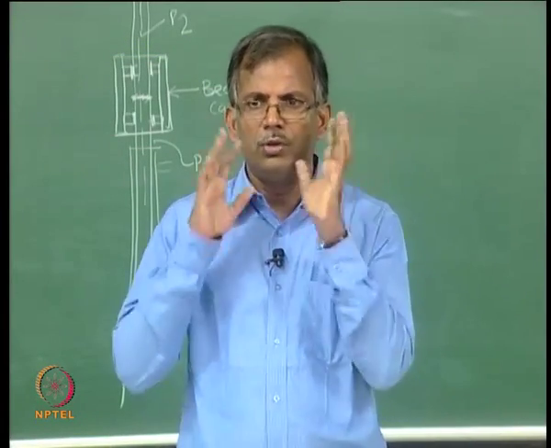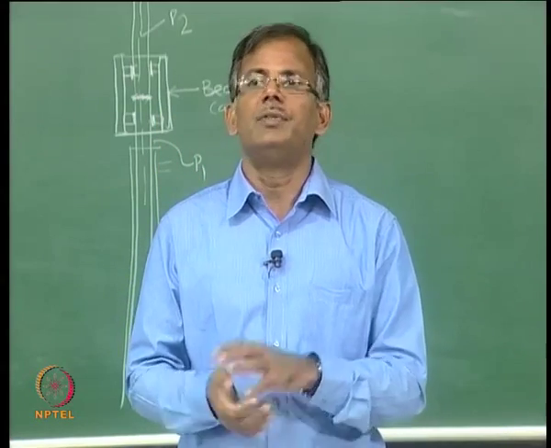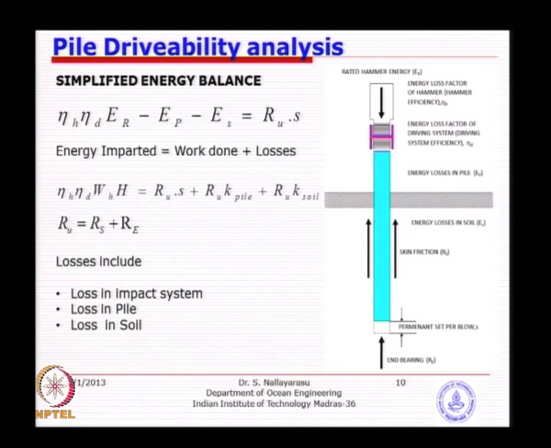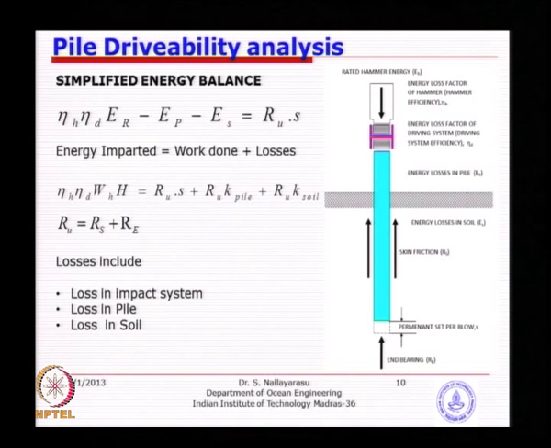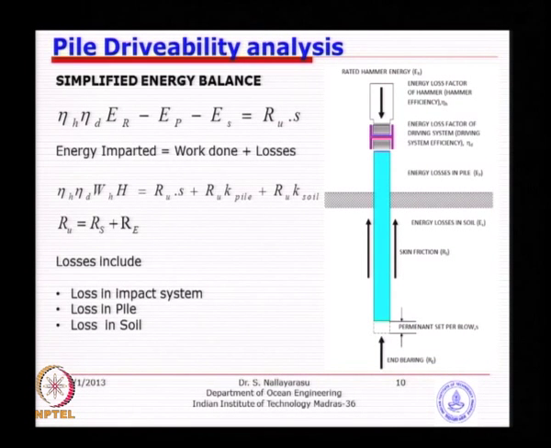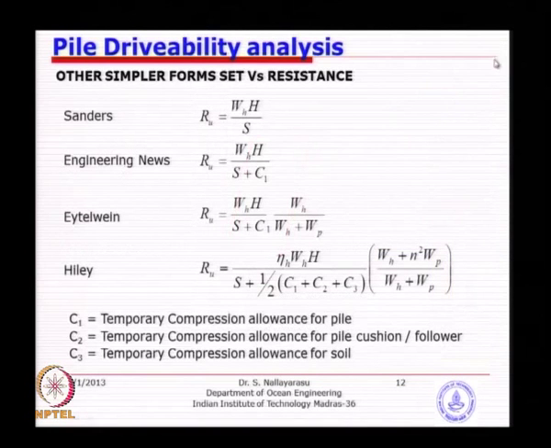I don't think we need to go into much detail there, because we will not be using that for offshore applications. Basically, you will see equations of this kind, where the energy imparted is work done plus losses. So that is the idea behind it. You can rewrite this in many forms, and that is where you will see those many formulas. In fact, I have summarized one of the formulas.